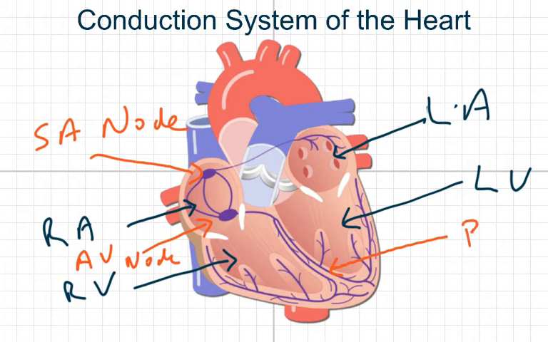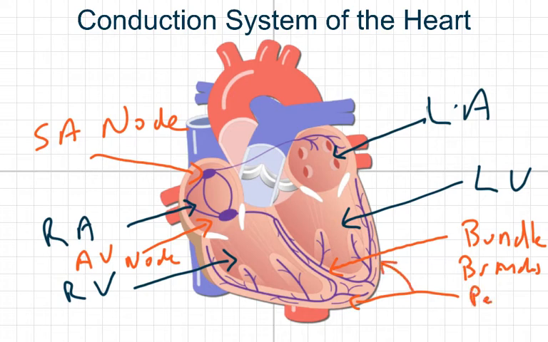Here we have the bundle branches. And here we have the Purkinje fibers. Okay? Just to give you an idea of where everything's at.